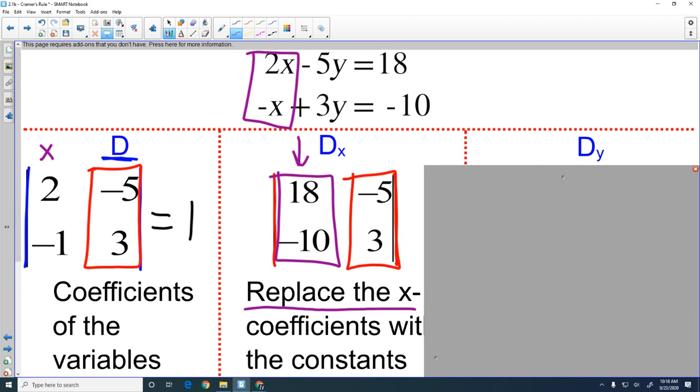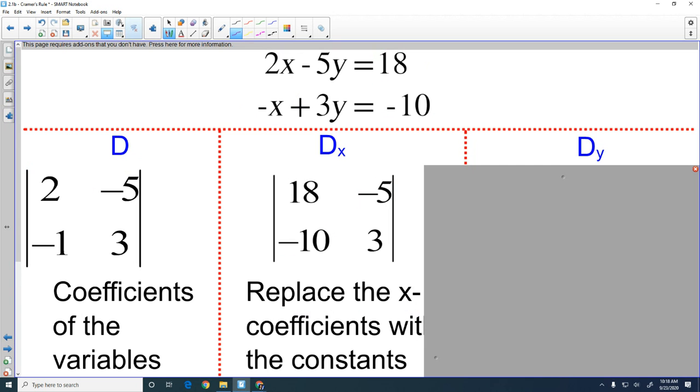Those were just the constants. If you look back at our original system of equations, that 18 and that -10 were the numbers all by themselves on the right side. So we're replacing the x coefficients with the constants from our original system of equations. You leave the y column alone.